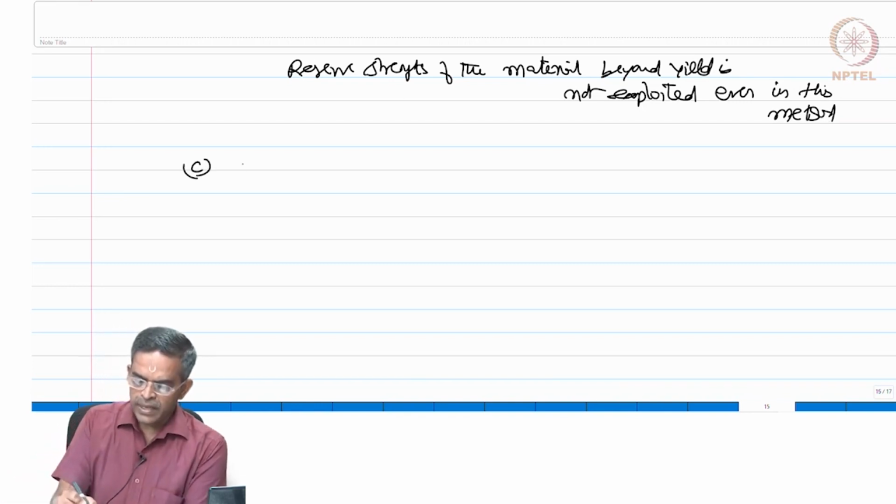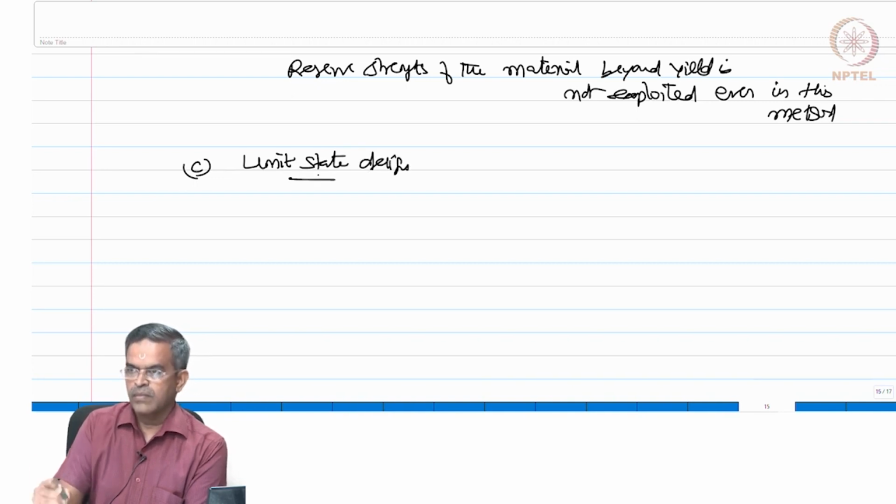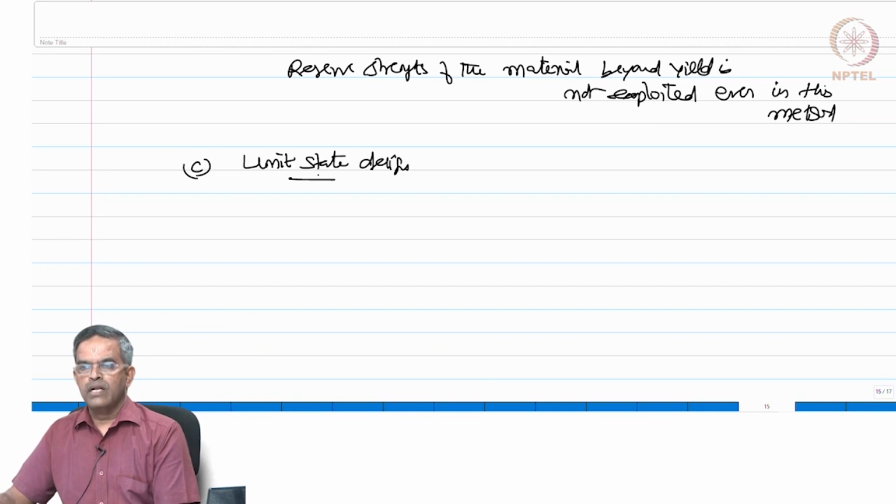In limit state design procedure, the ultimate capacity of the material is also reduced by a partial safety factor.